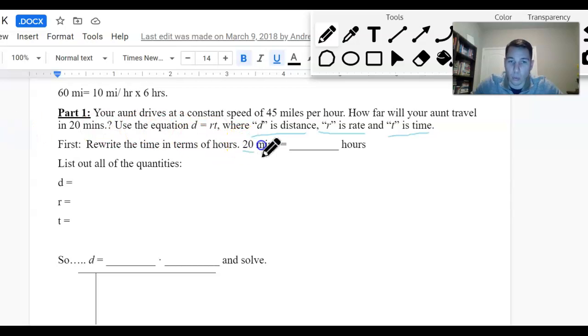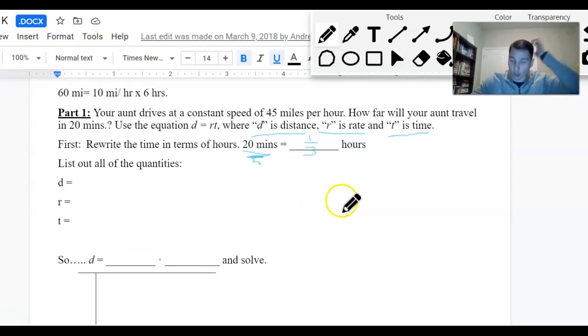So 20 minutes is equal to how many hours? Think of a clock, goes around. The whole thing is 60, so 20, 40, 60 would be 1 hour. So 20 minutes is 1/3 of an hour.